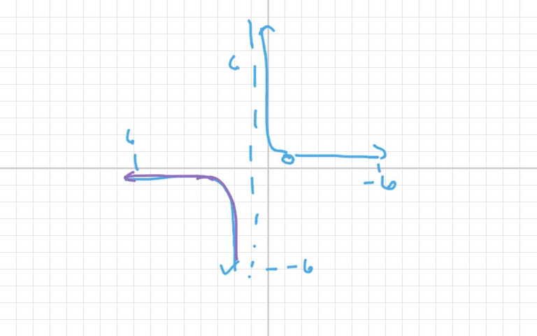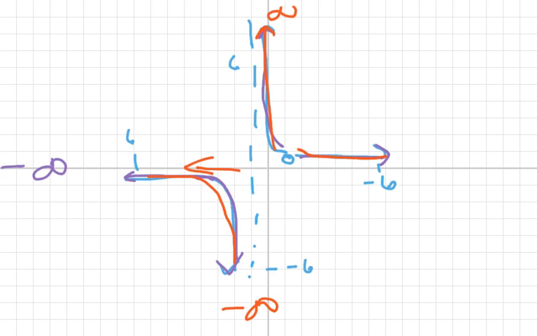I think you've done this before in pre-cal, but you just didn't call it that. You used different words. So we already knew how to find holes. This is going to negative infinity as we're approaching x from the left. Well, from the right, it's going to infinity up here. And this would be infinity here.